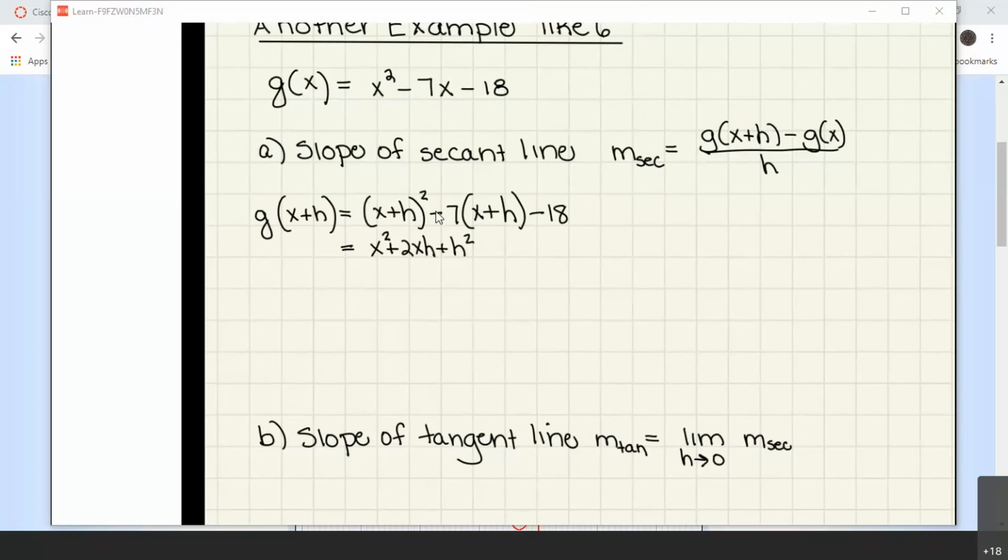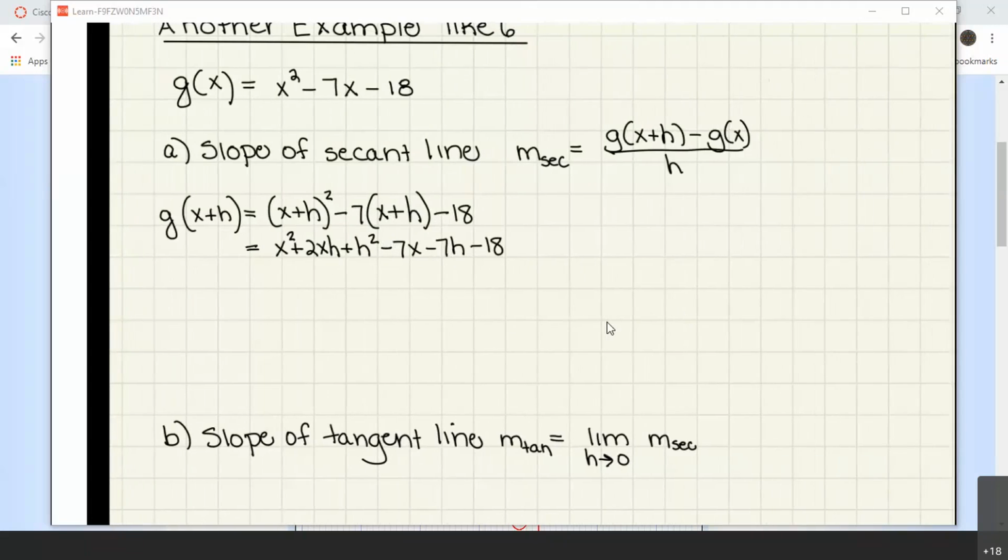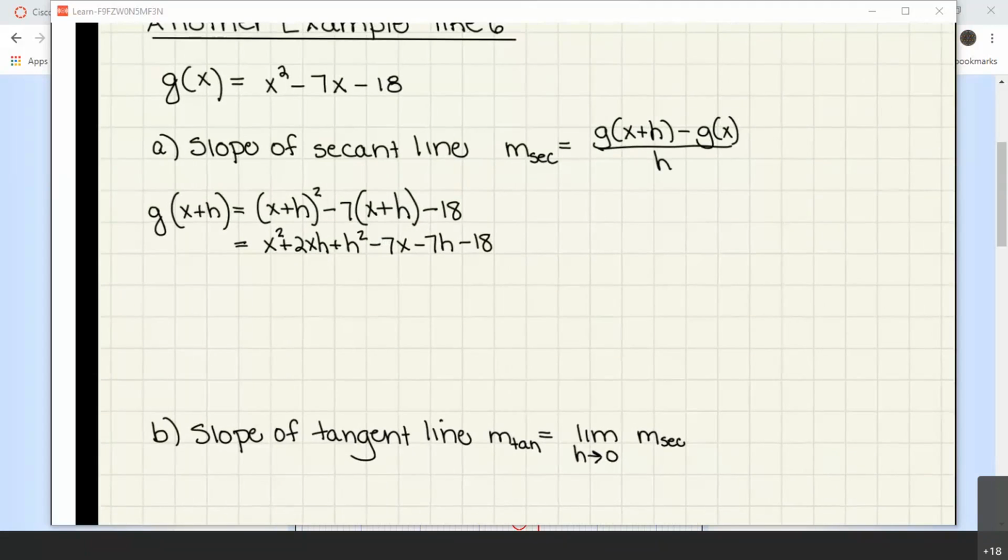Next, I have to distribute my -7 across this other binomial. Then I take a look to see if anything cancels out. I've got x squared terms, xh terms, h squared terms, plain old x, plain old h, and constant. Nothing cancels. So now I get to plug it into the secant slope formula.